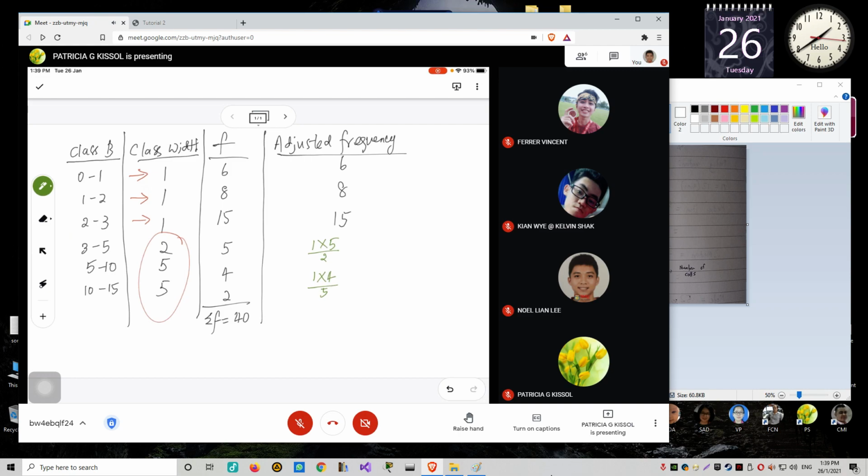And the last one is 1 times 2 divided by 5. So if you remember, to get the adjusted frequency, it is the common class size times the frequency, and then divide by the class width. This is the formula, covered in chapter 1.